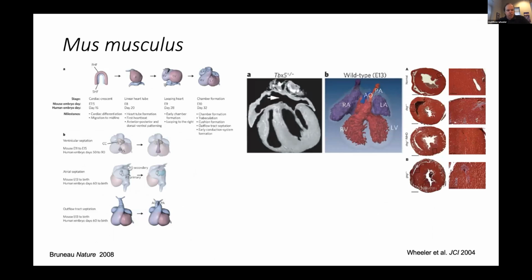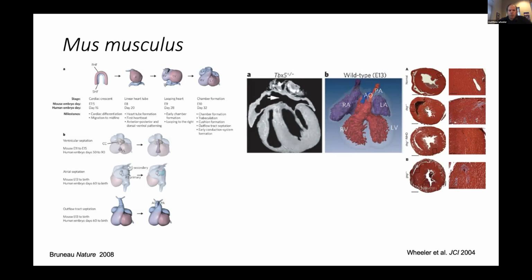Of course, everybody, when we think of model organisms, we think of mice, and so the mouse and human cardiac development are very similar. There's a really elegant paper by Benoit Bruneau that goes through sort of state of the art as of 12 years ago. It is still widely referenced today.